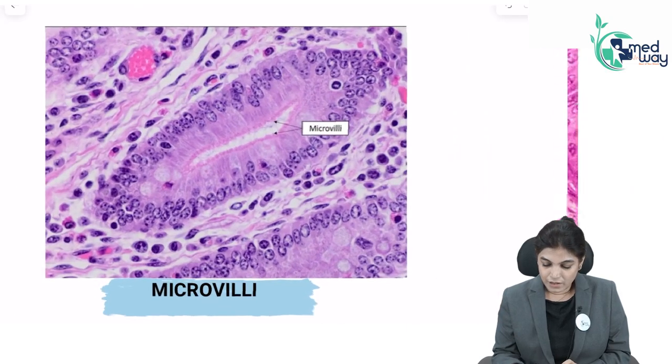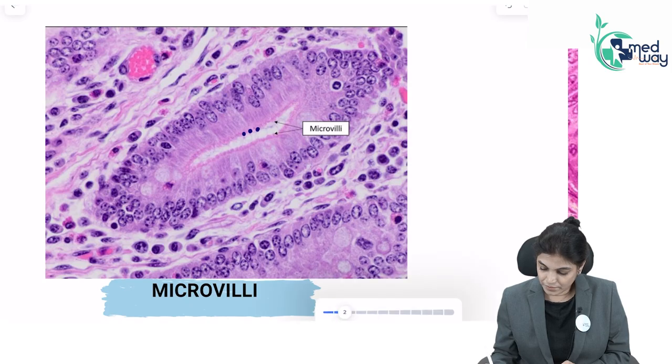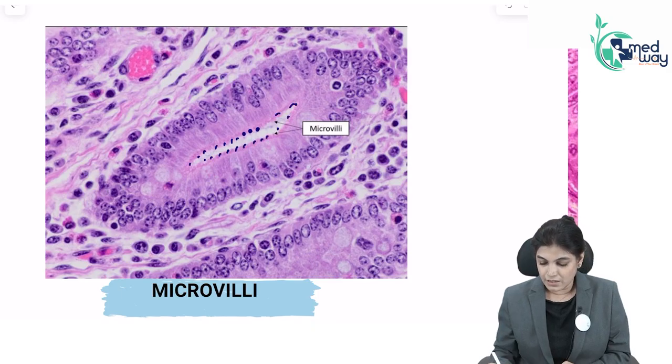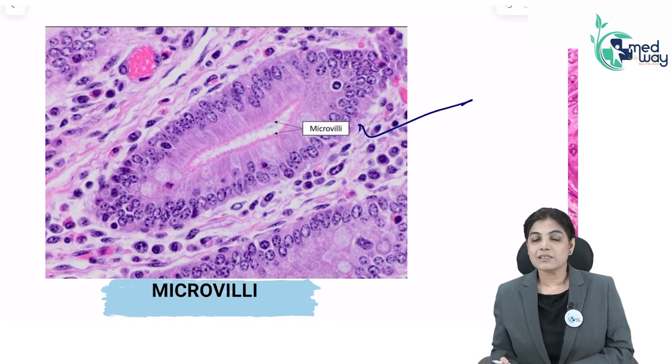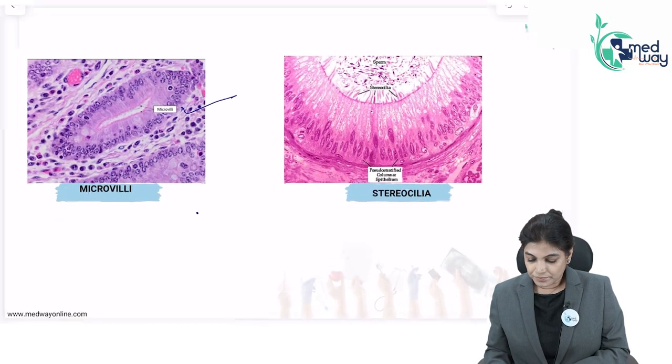You can see these minute projections, these very minute projections, which are the microvilli. We have seen microvilli, and you have to know examples of both striated and brush border. So let's write it down.